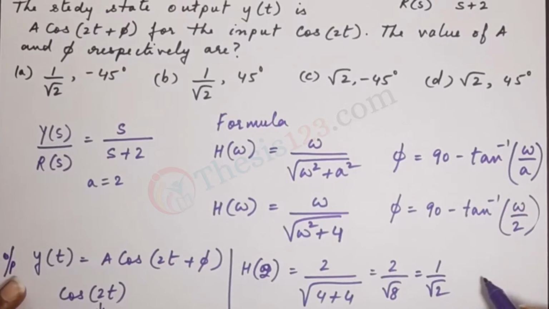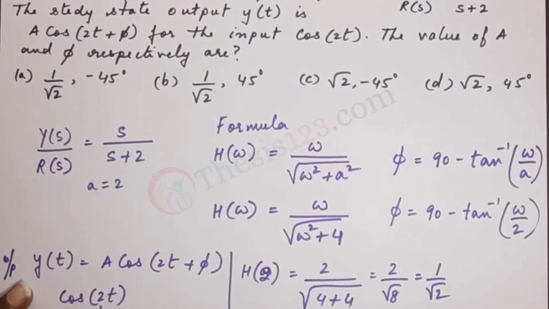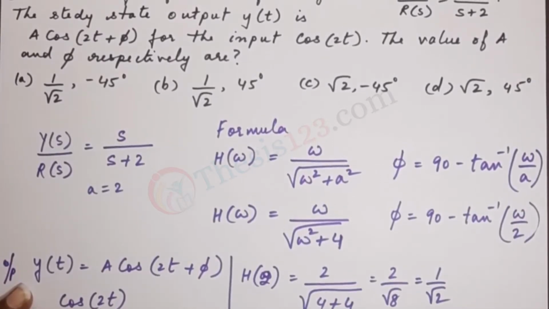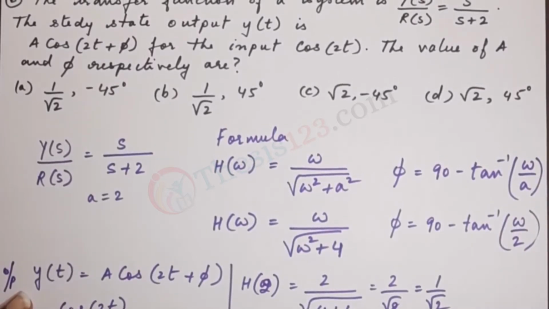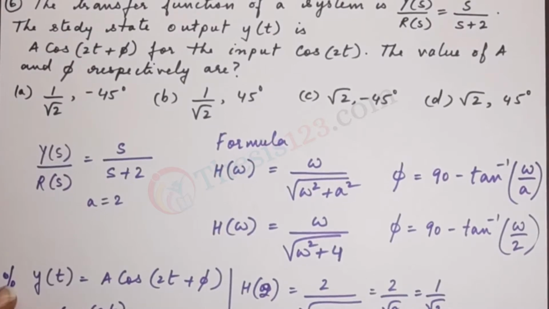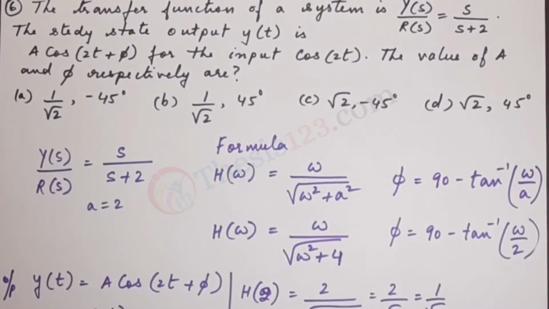So we have that phase angle phi is equal to 90 minus tan inverse of 2 by 2. Now 2 by 2 is 1.